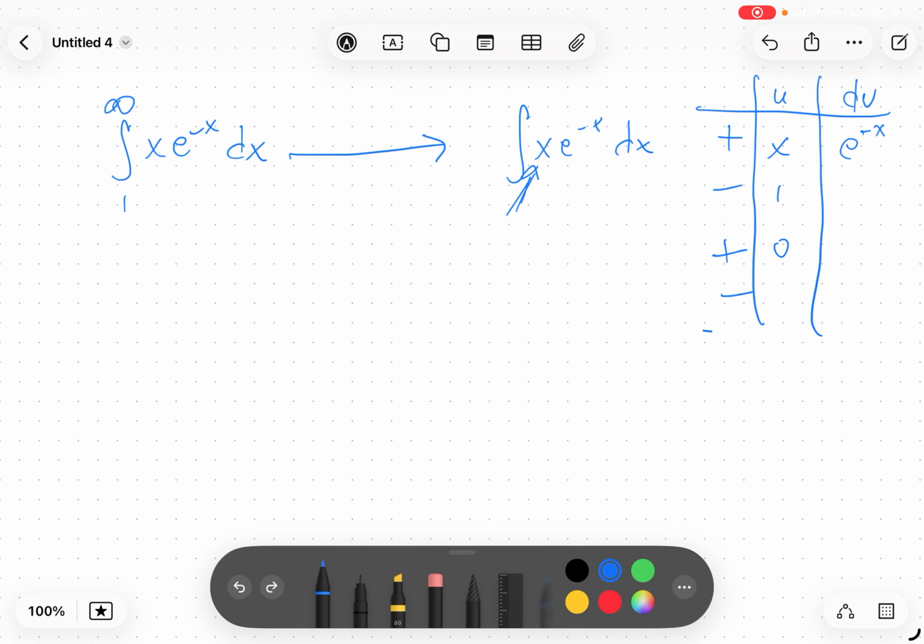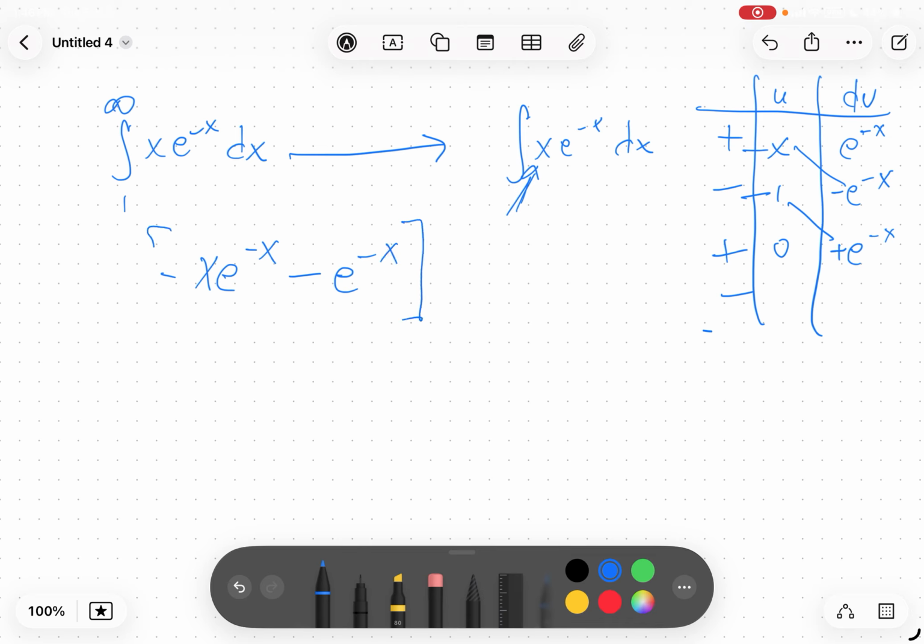Every time we integrate e to the negative x, we get the opposite of e to the negative x, so that's going to change sign every time due to the exponent. And so it's easy to connect this. The antiderivative is going to be that connection minus this connection. So there's our antiderivative.